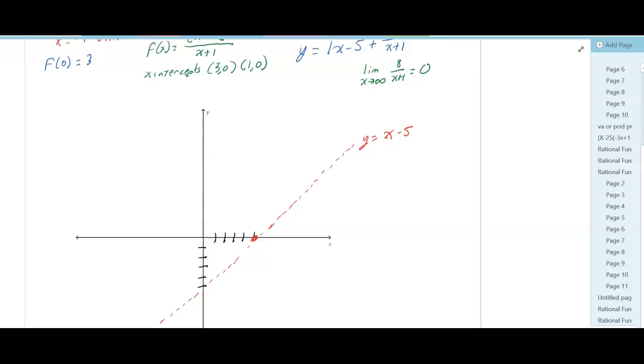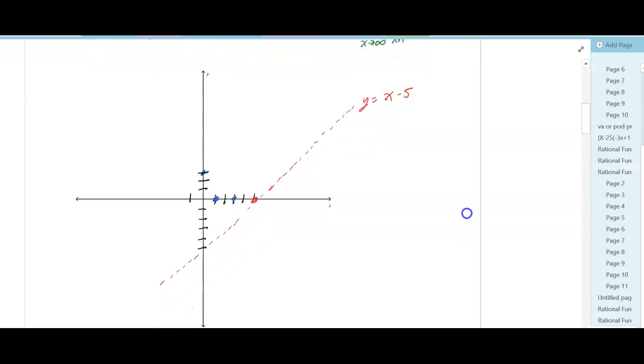The x-intercepts are 3 and 1. Those are the blue dots. The y-intercept is at 3. And we have a vertical asymptote at x equals negative 1. So I'm going to draw that vertical asymptote, move the graph up a little bit at x equals negative 1.